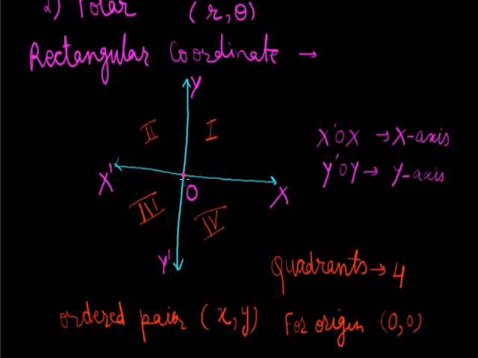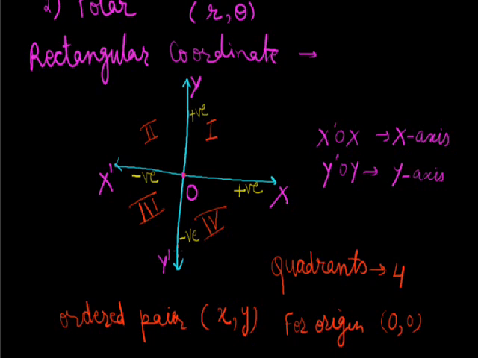Now, we see in the x-axis, the direction OX is the positive direction and OX dash is the negative direction. In the same manner, OY is positive and downward it is the negative direction.